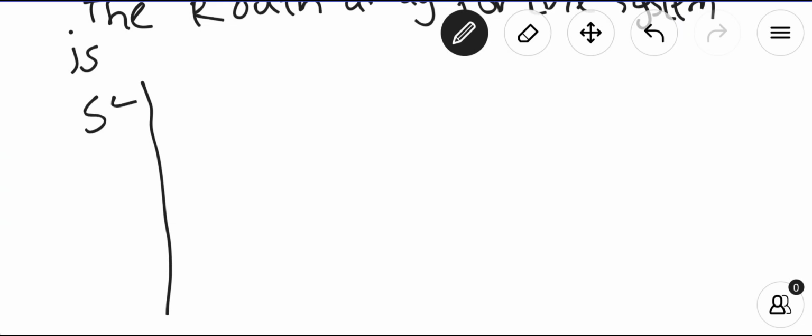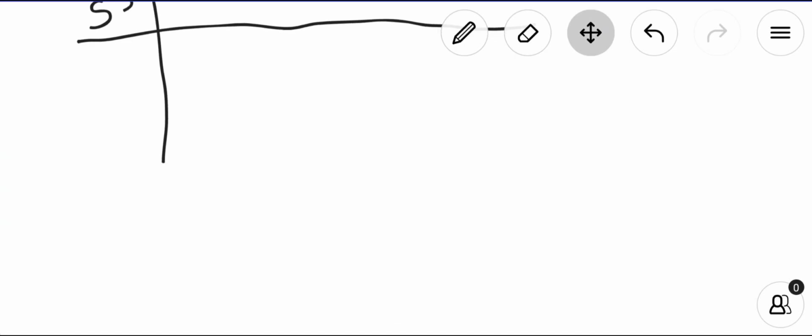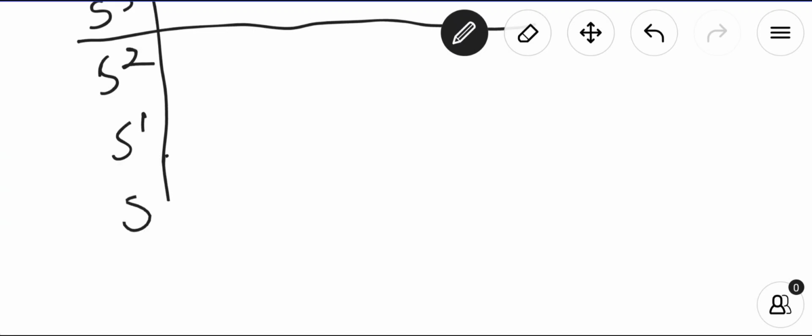Then we have s to power 4, s to power 3. Just like I did last time, just follow me. S squared, s to power 1, s to power 0.